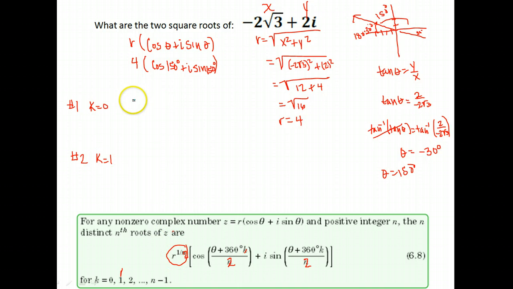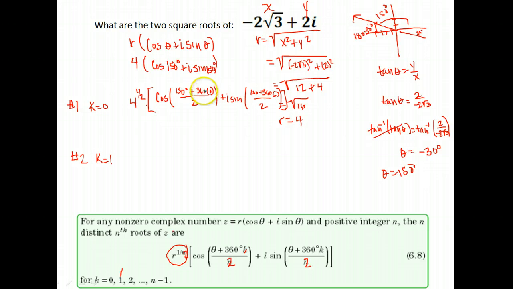So our r was 4, and we take it to the 1/2 power, since we're doing square roots, times the cosine of, our angle was 150 degrees, plus 360k. Remember, for our first one, our k is 0. So 360 times 0, and then we divide by 2, plus i sine of that same thing, 150 plus 360 times 0, all over 2.